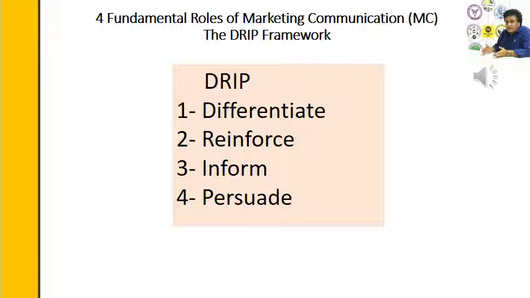And of course, P is for persuade. The target audience is persuaded to think or act in a particular way. The particular way is, of course, a way which is favorable to the seller. So this is the DRIP framework, where D stands for differentiation, R stands for reinforcement, I stands for information, and P stands for persuasion. The DRIP framework of marketing communication.